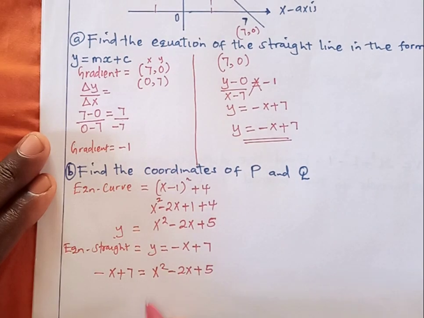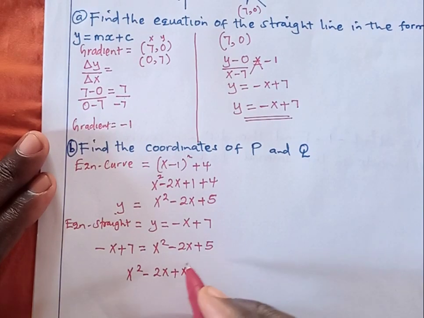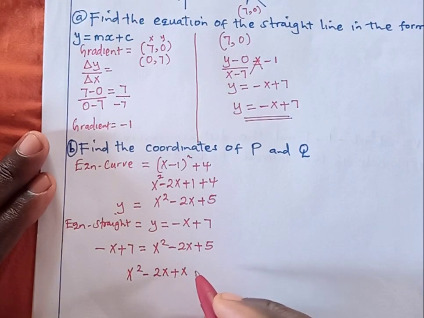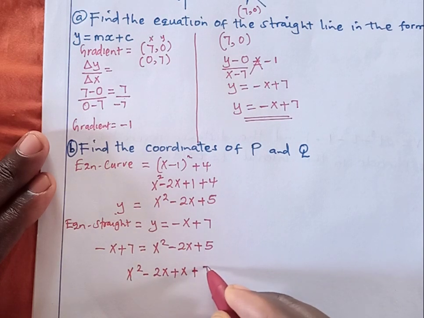By saying that we take everything to the right hand side: x squared minus 2x plus x. This is a negative; when it goes to the other side, it becomes positive. Plus x, then plus we have plus 5.